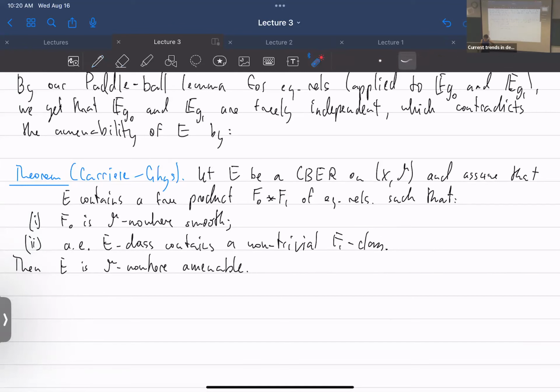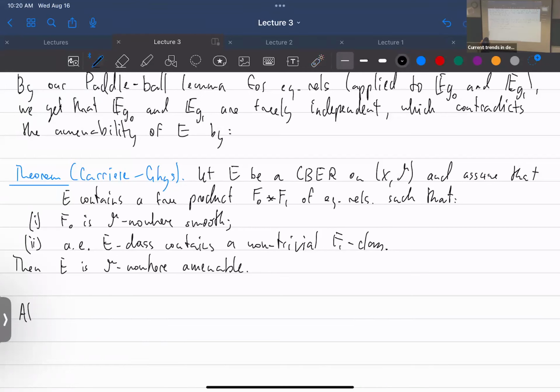So the Pedalball lemma for equivalence relations. This is the more general version, but that's a bit annoying to state because I need to then define what independence of equivalence relations is. It's more crisp to state it for permutations.